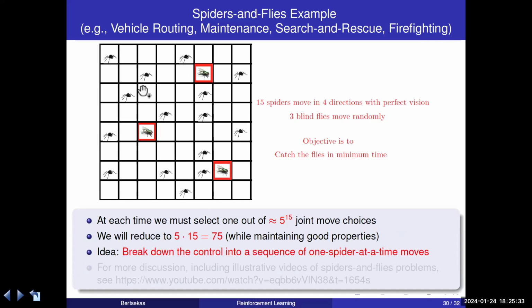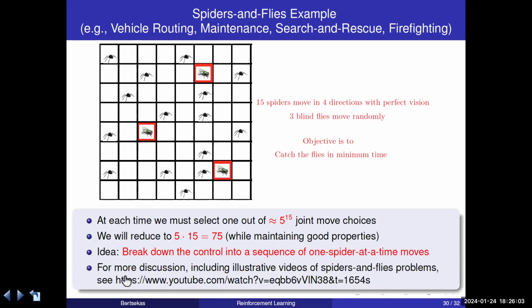So 1 spider moves, tells what it has done to the other spiders, the second spider moves, then the third spider moves, and so on. So each one has to choose between 5 different choices, and 15 of them have to do it in sequence. So it's 5 times 15 choices that we have to calculate. And there's more discussion in your textbook, and there's also some videos on the internet, and you can look into that.